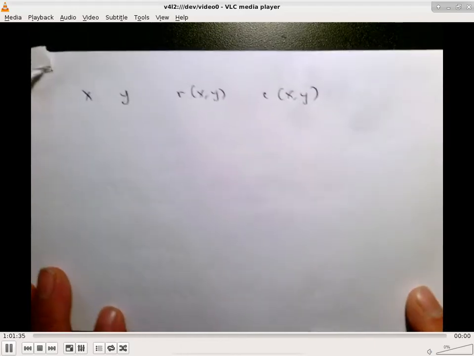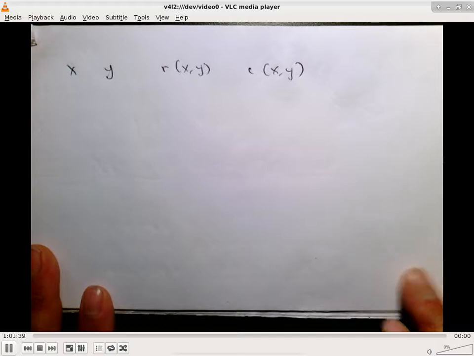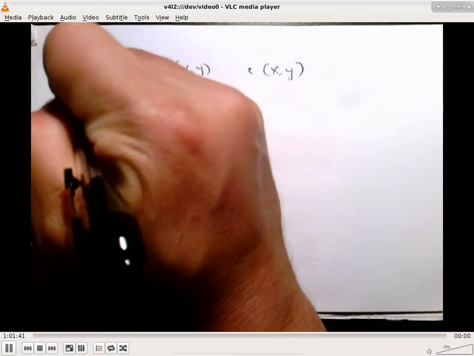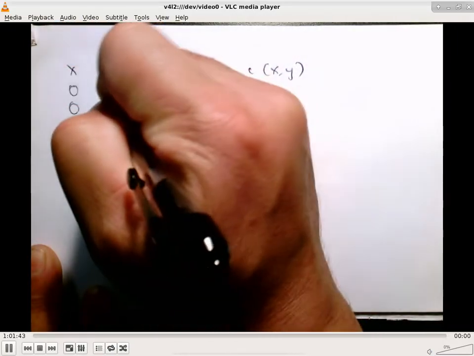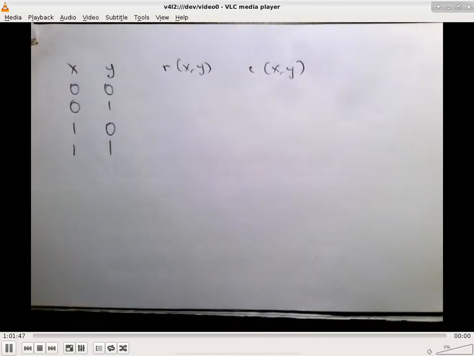Let me align everything first before everybody tilts their head and gets neck injury because of this class. That should be all the cases for binary numbers, right? Because x is a single digit of a binary number, y is the same way. So if you have two independent variables, each one can only be a 0 or 1, then this will account for all the possible inputs.